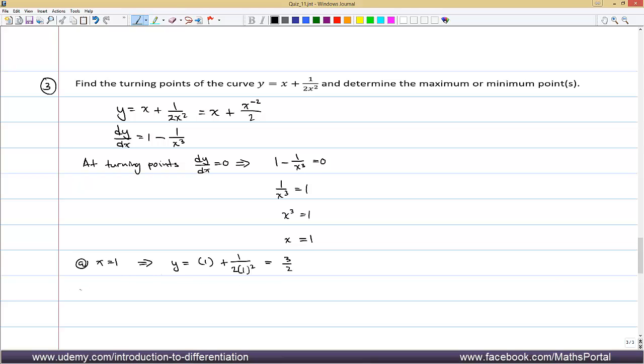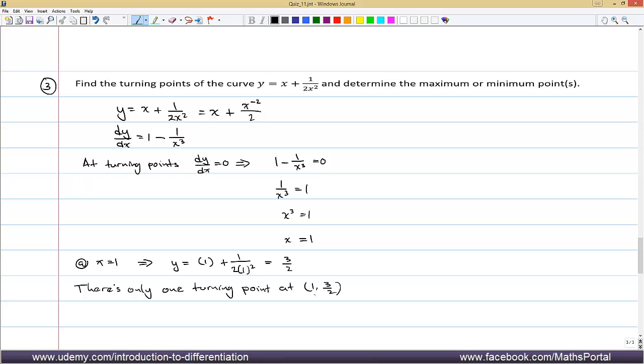So there's only one turning point then, only at 1, 3/2.